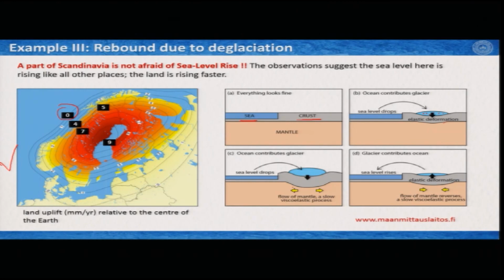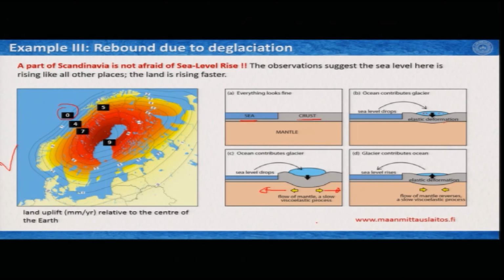The glaciation continues, the volume of the glacier increases, therefore weight also increases, and the continental crust deforms further. When it deforms further elastically, of course, it has to displace the mantle below. So, the mantle below very slowly moves away from this place, because it has to accommodate the elastically sinking continental crust.